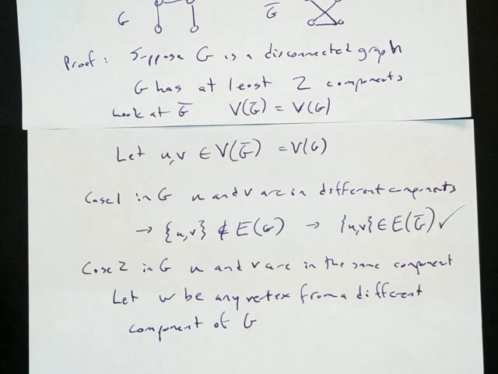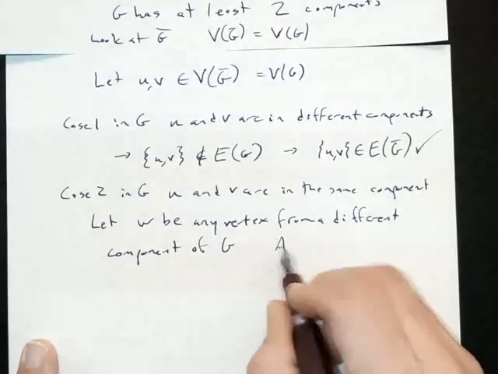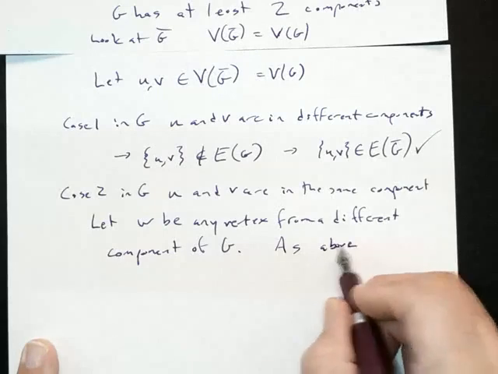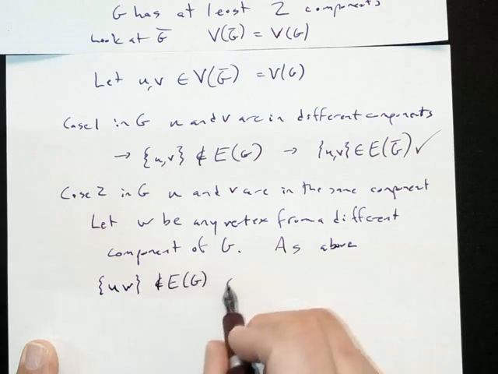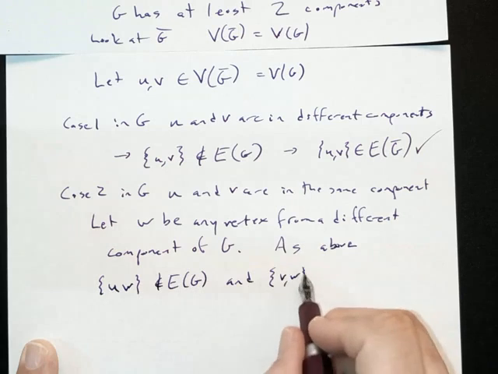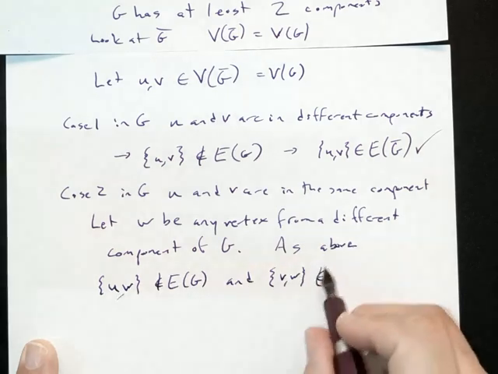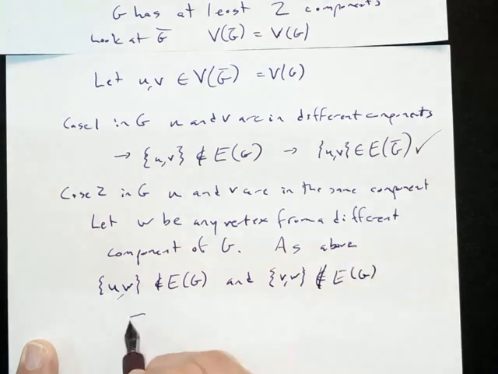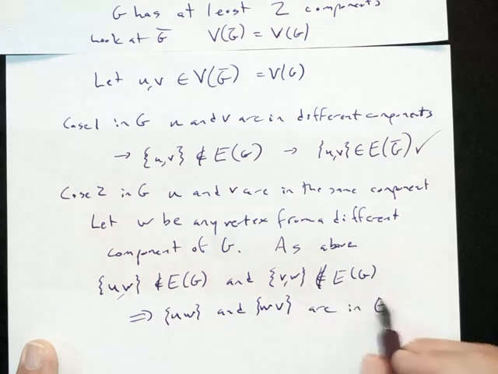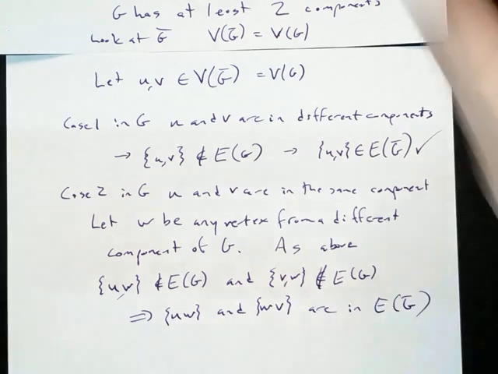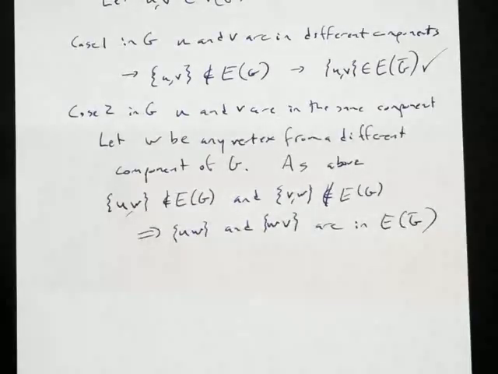It's not in the edge set of G. As above, UW is not in the edge set of G, and VW is not in the edge set of G. Therefore, UW and WV are in the edge set of G complement, which means I have a path from U to W to V.